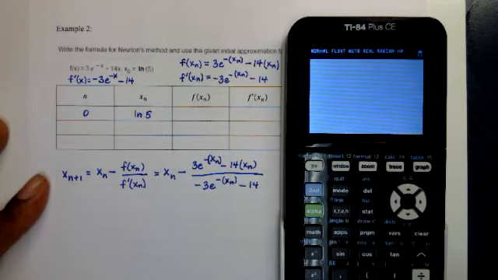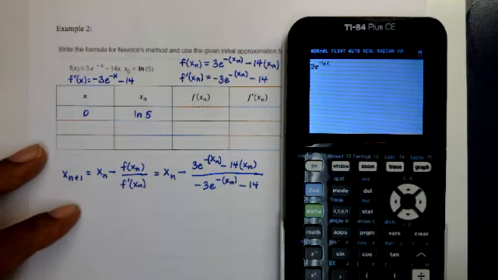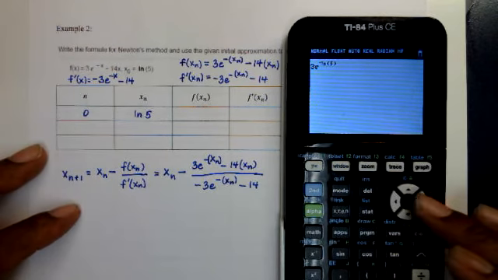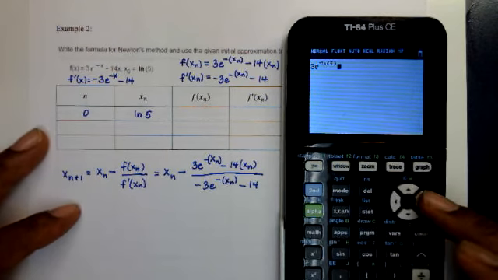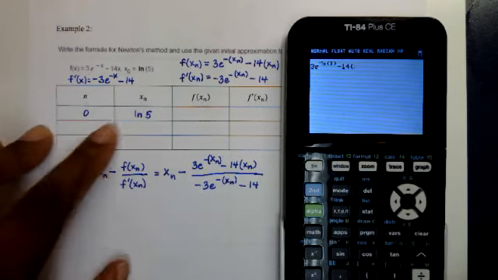All right, I'm going to clear this out. Type in the 3 and then second ln for your e, and then the negative key. Ln of 5, I just press the ln key and then 5, close parentheses, and then use my right arrow key to get out of it, minus 14, and then in parentheses, x of n is ln of 5.